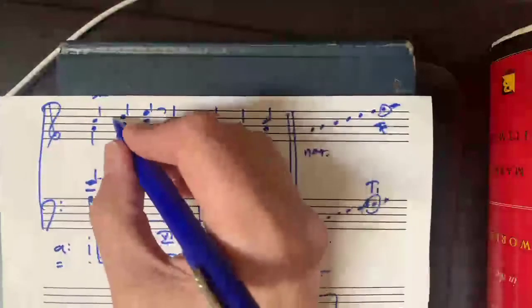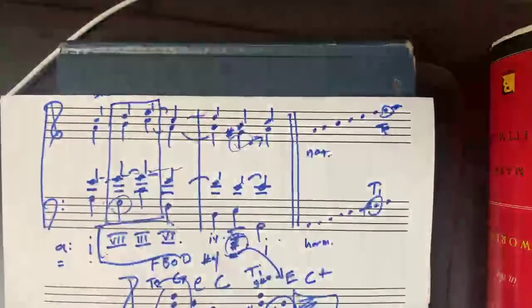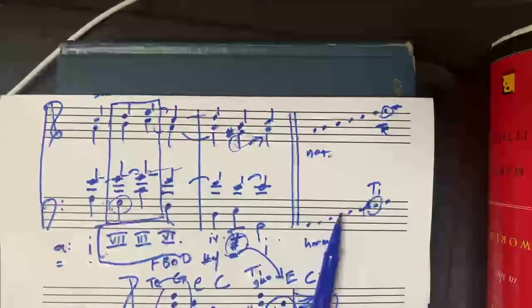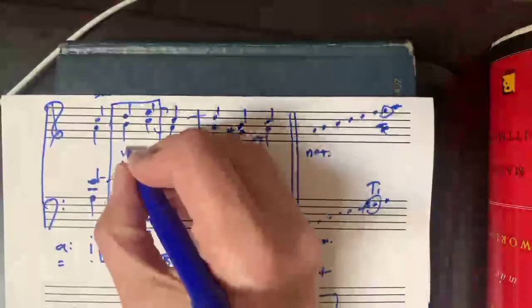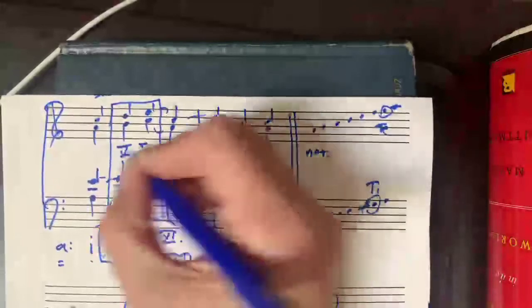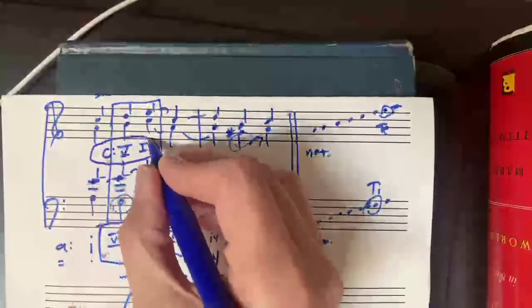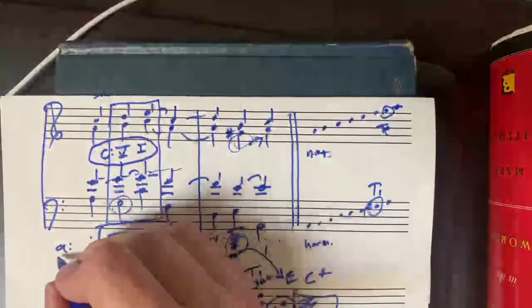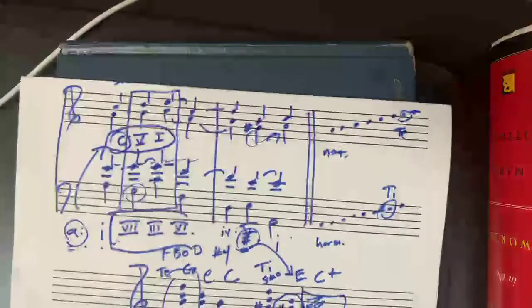If we look at this progression right here, and if we just heard that by itself, that actually sounds like 5-1 in the key of C major. Okay. And A minor and C major are relative keys.